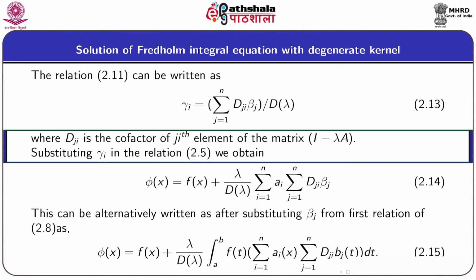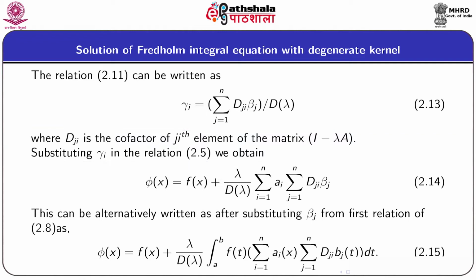Here capital D_ji is the cofactor of the jith element of the matrix B, that is I minus lambda A.